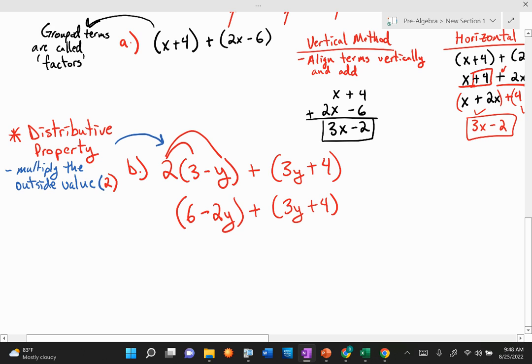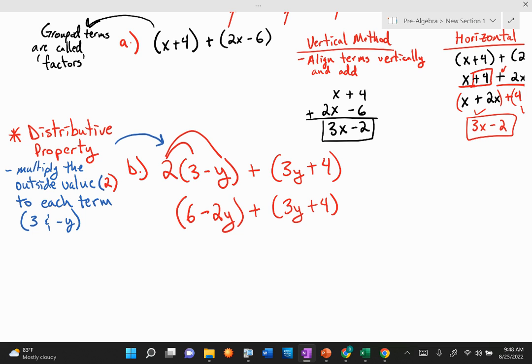Multiply the outside value, which is 2 in this case, to each term, 3 and negative y.